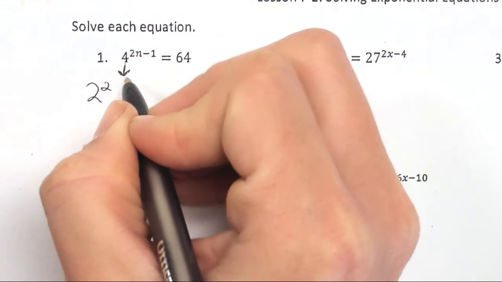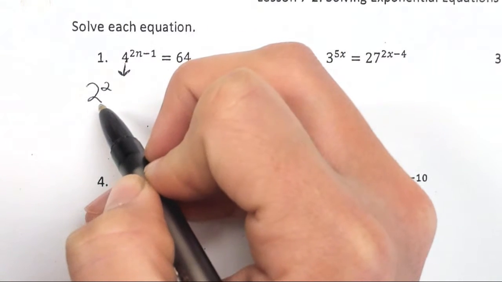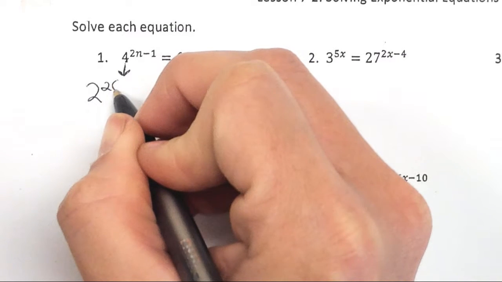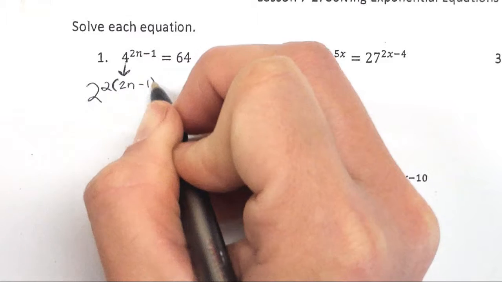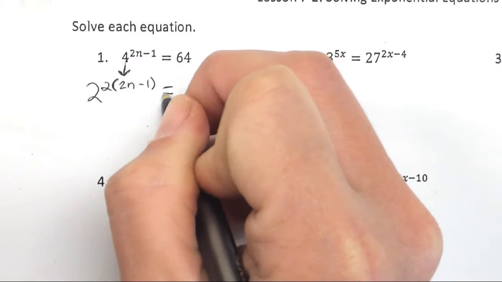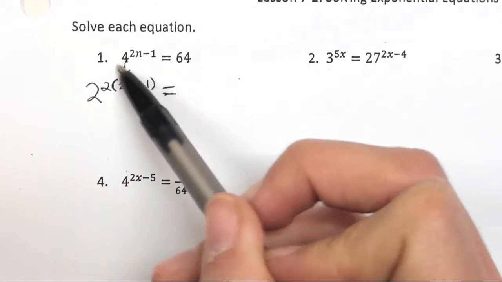I'm just replacing 4 with 2 squared, because aren't they the same thing? But we can't get rid of this exponent, so in parentheses beside this 2, I'm going to put 2n minus 1. I'm just going to carry it down. Again, the 2 squared comes from 4.